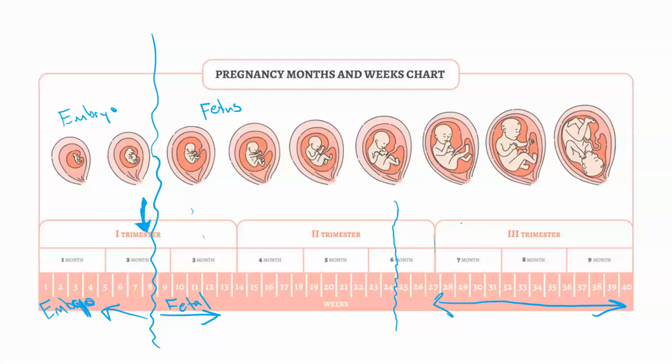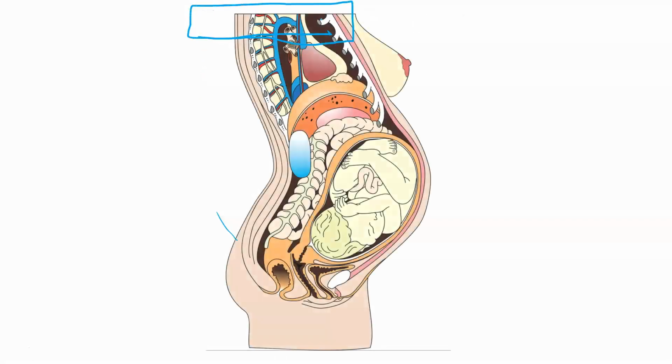Okay, some of the changes that a mom would be going through as she's pregnant, we call the gestational changes. Gestation is a fancy word for pregnancy. And here are some of the things that would be going on. First and foremost, most of mom's organs are squished up closer to her liver.